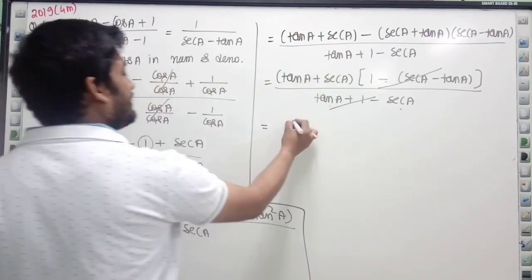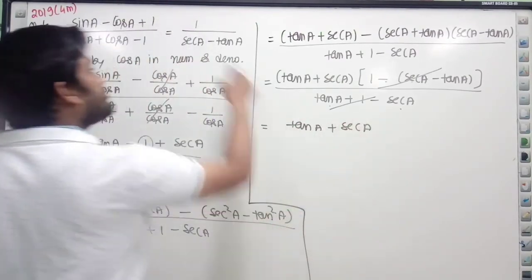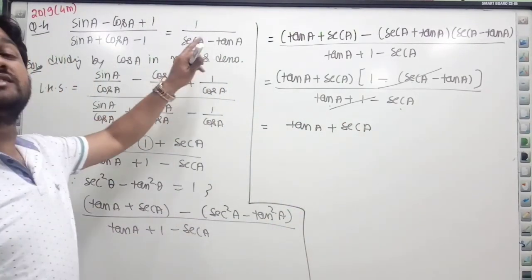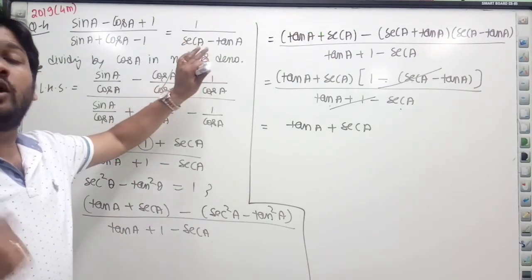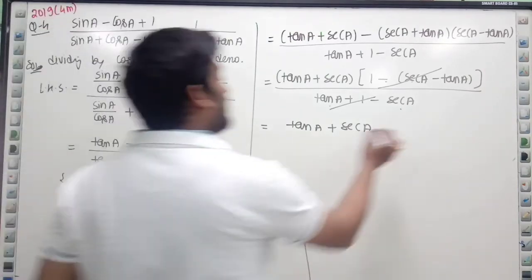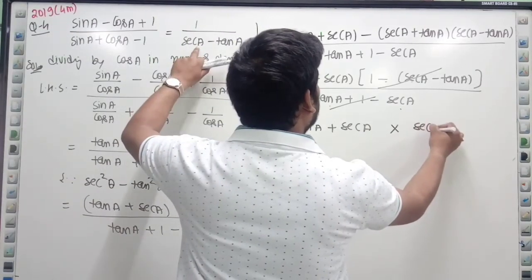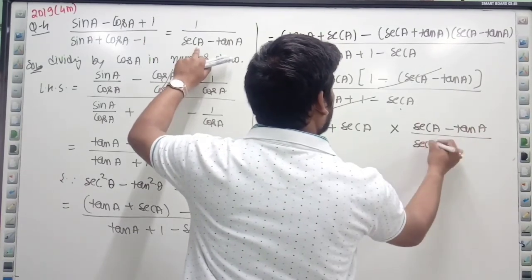So what do we have left? Tan plus sec. And we can say this is the answer, but do I get the term that is on the right hand side? The right hand side has the term in the denominator with the opposite sign. So what I am doing is multiplying by tan minus sec in the numerator and denominator.